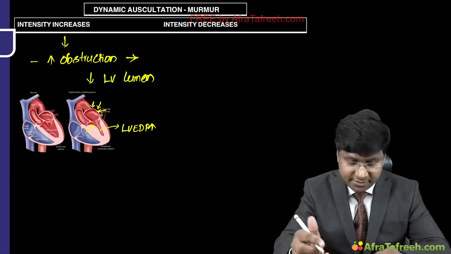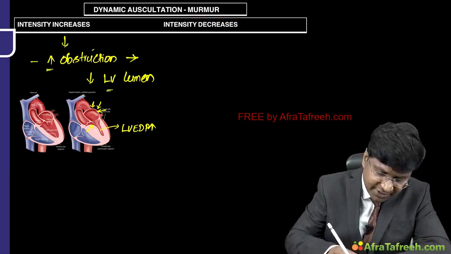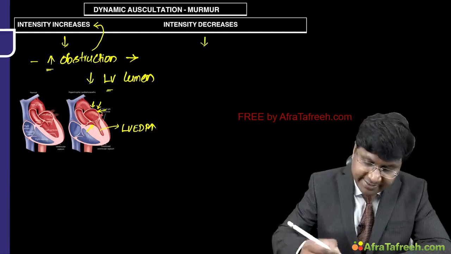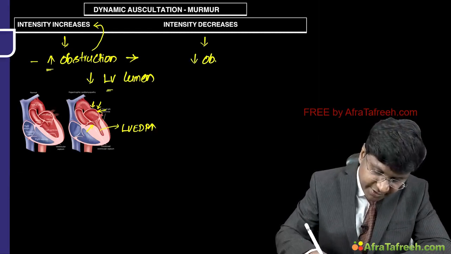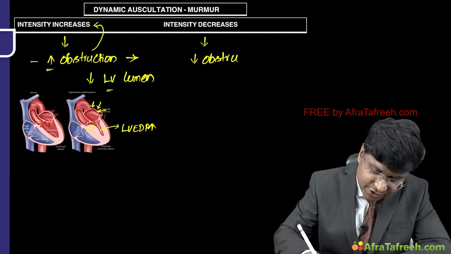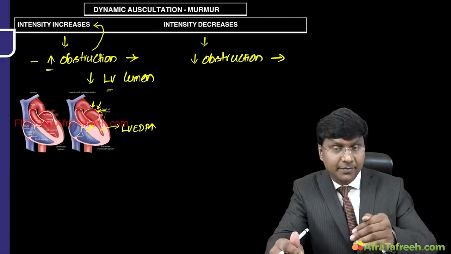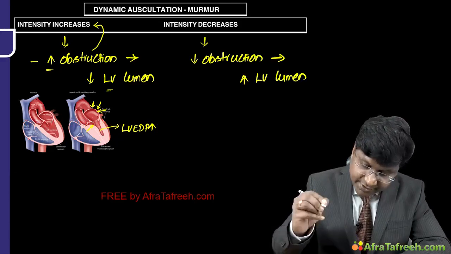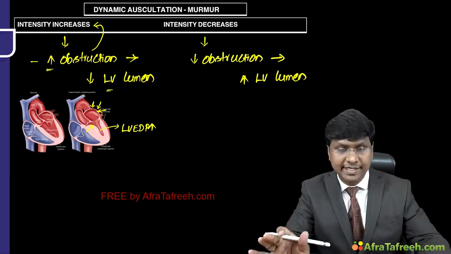So the obstruction increases, and the intensity of the murmur also increases. When the obstruction decreases, the intensity of the murmur decreases. And the obstruction decreases whenever there is an increase in the LV lumen size, so the intensity of the murmur also decreases.